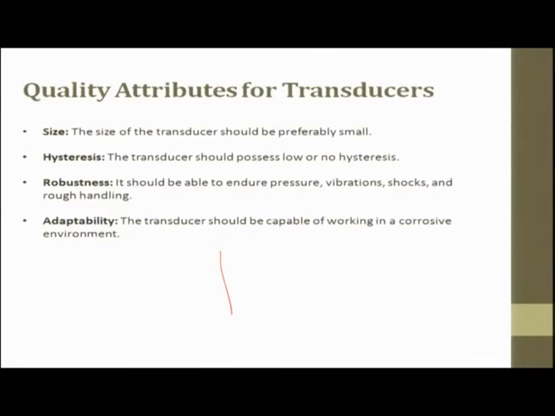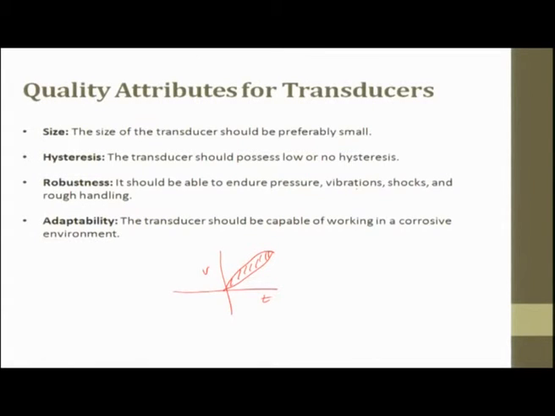What is hysteresis? For example, this is voltage versus time. So, you load, and when you try to unload it tries to take a different path. This is called the hysteresis loop. This should be as minimal as possible. Then robustness: it should be able to endure pressure, vibration, shock and rough handling.